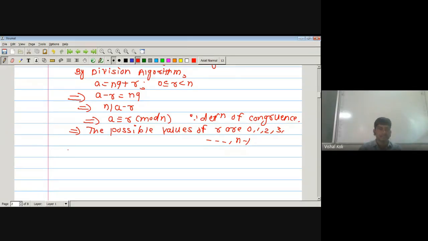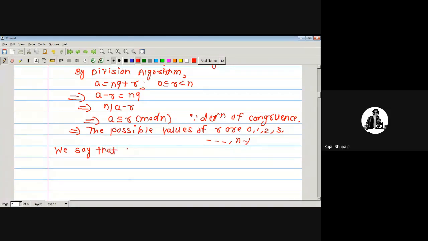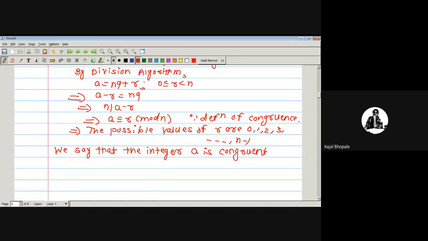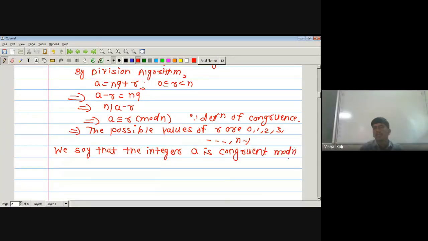Okay, now we say that the integer a is congruent modulo n to one of these n values, 0, 1, 2 up to n minus 1.